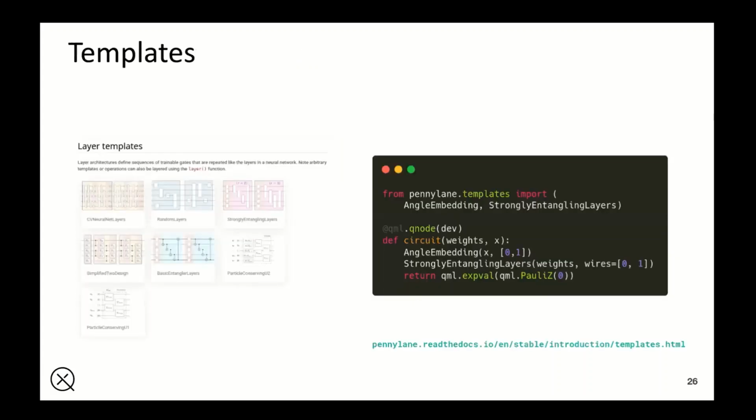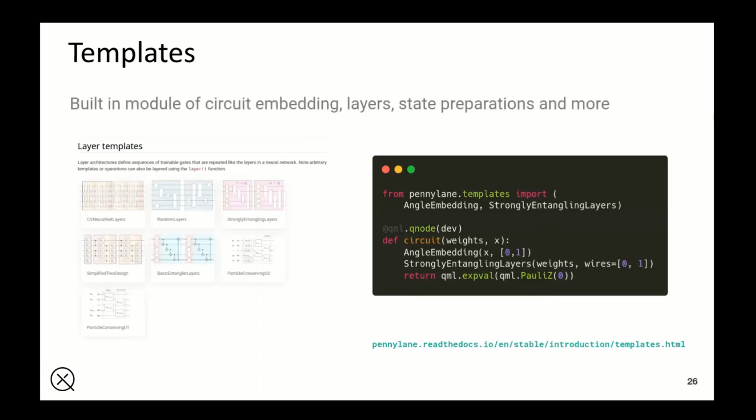We've also seen that variational quantum algorithms are very much to be used in this era that we are in. There are lots of embeddings, layers, as well as state preparations that repeat themselves throughout the literature. So we have a growing base of such templates that you can use as plug and play in your quantum circuits.